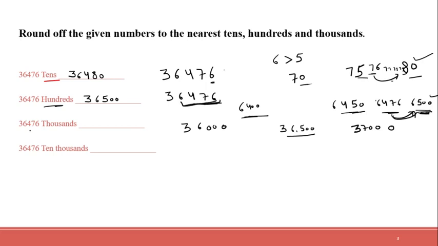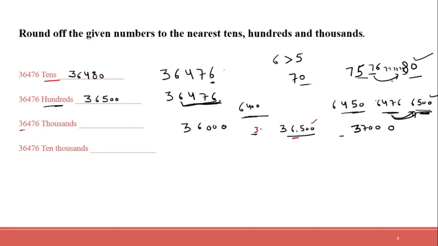So now look where this number will lie, here or here. Tell me where this number lies. This number is smaller than 36,500 because it is 36,500 here and it is 36,476.